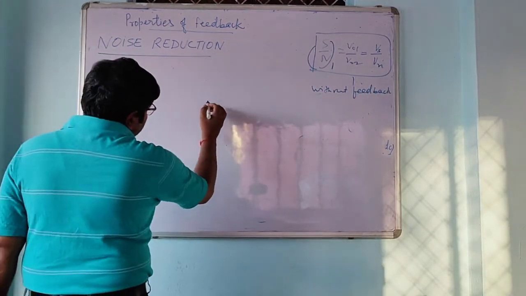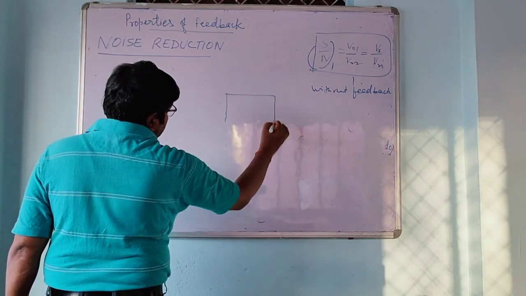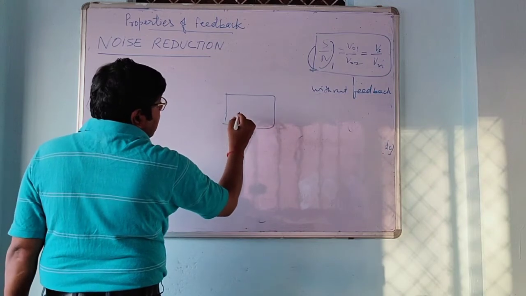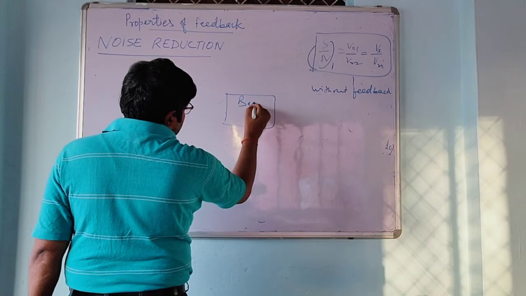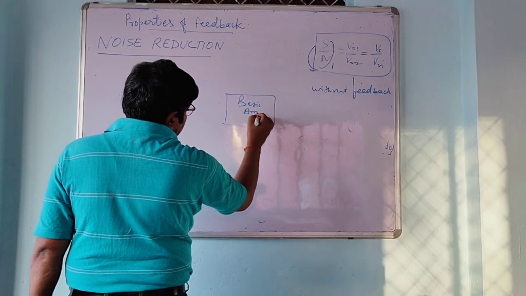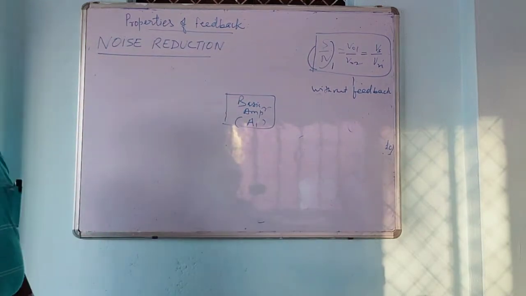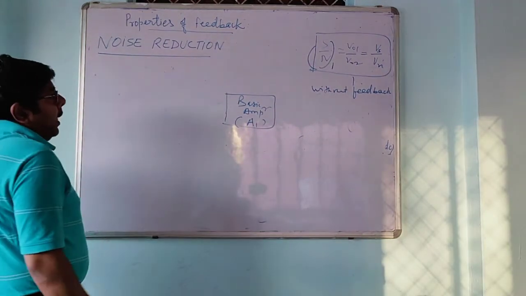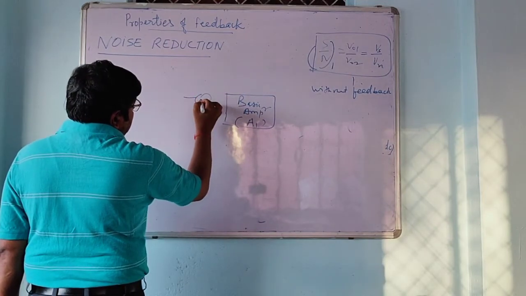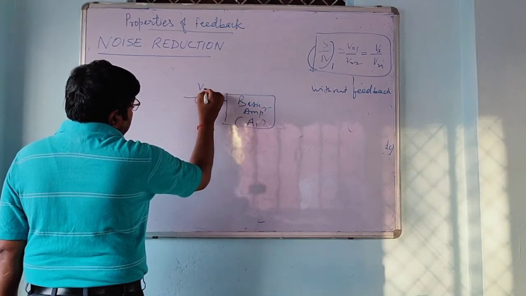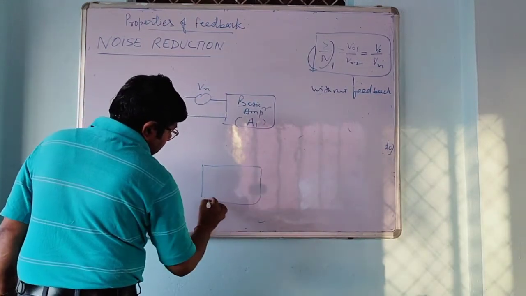And if we are using feedback like this, suppose we are representing here an amplifier, this is the basic amplifier having gain A1, and here noise is present at the input of the amplifier. We are using here feedback.